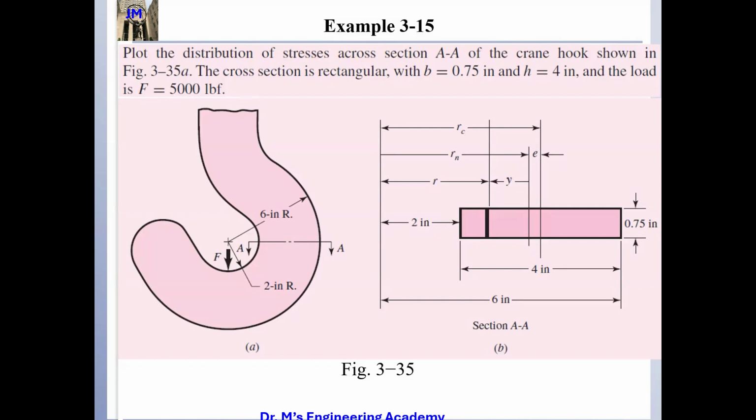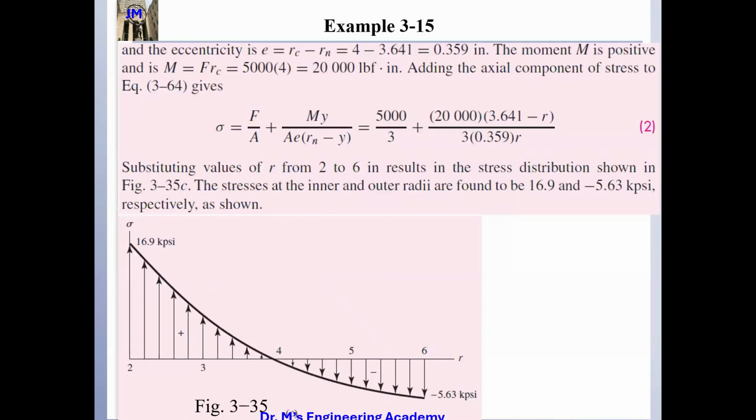Then this M is going to bend this hook at this point. So that's the reason we have two things here. We can just move F prime equals F in magnitude, and then we have the bending moment.